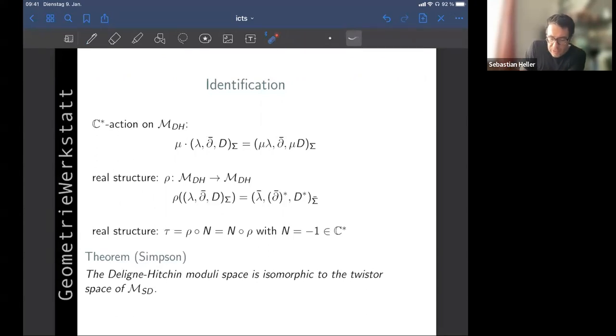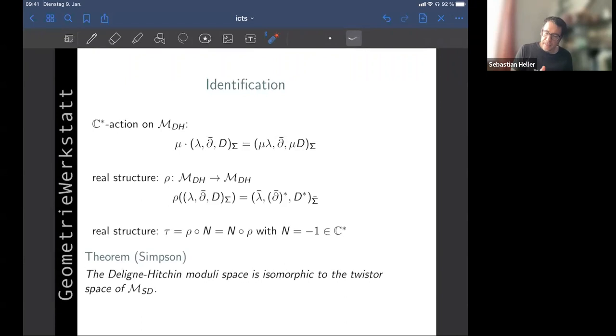So the first thing is that we have a C star action on this space just by scaling the lambda and the D part of the connection. So this gives us a well-defined C star action. Then we have a real structure coming from the Hermitian metric, basically.